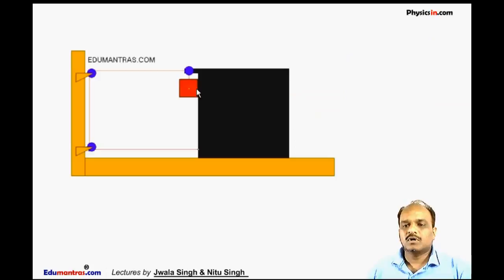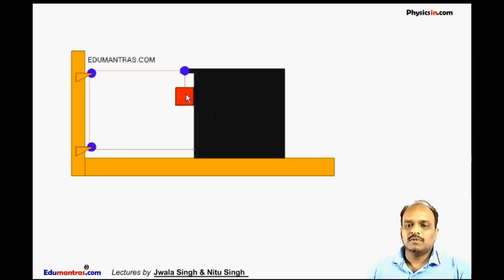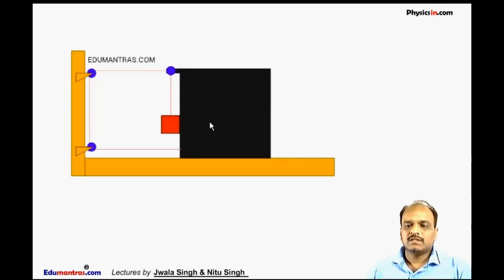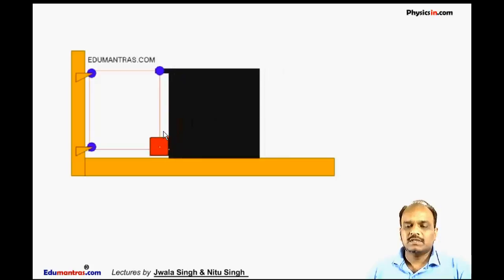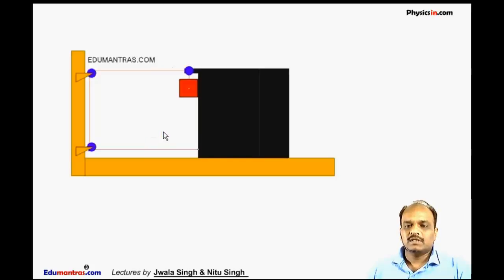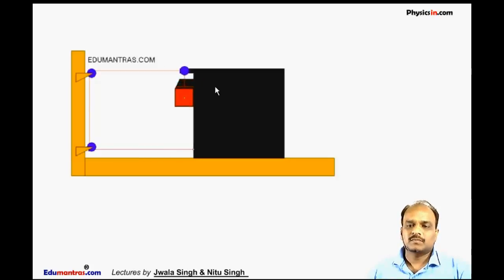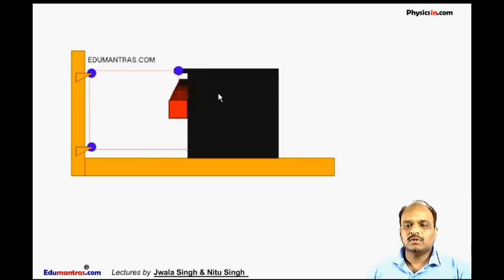Watch the motion of block A and block B. When block B moves forward, block A is moving forward as well as downward, and the motion of A and B is related. We can see the constant relation between them.